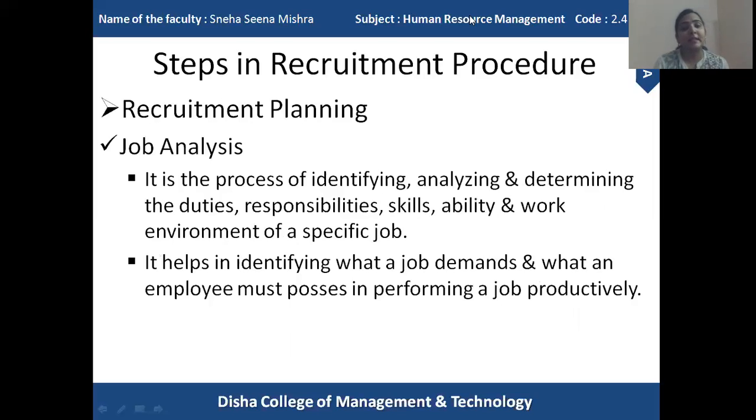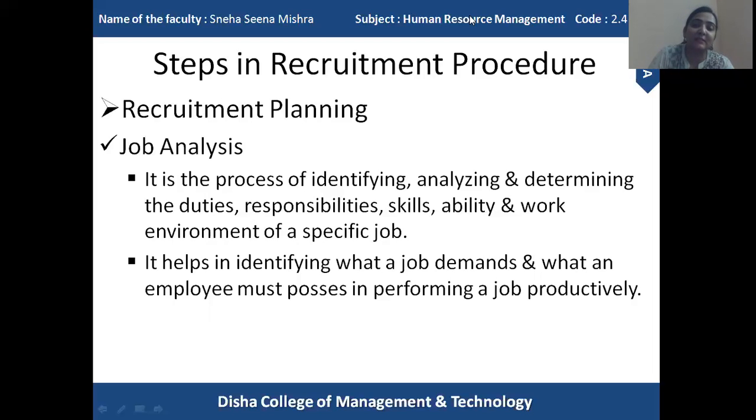Okay, the next step is job analysis. Job analysis is the process of identifying, analyzing and determining the duties, responsibilities, skills, abilities and the work environment of a specific job. Which means under each and every job, what kind of duties are to be performed, what kind of responsibility the job holder will have regarding the job, what kind of power, authority.